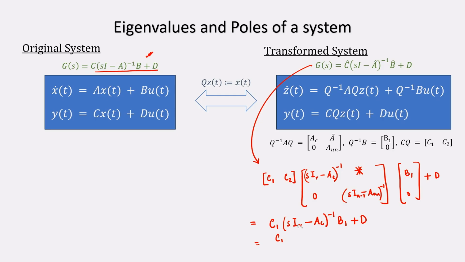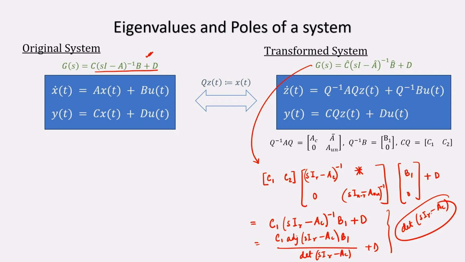Since it is (sI_R minus A_C) inverse, it will be some adjugate of (sI_R minus A_C) B1 divided by determinant of (sI_R minus A_C) plus D. So, you can see that even if I take an LCM, the denominator will come out to be determinant of (sI_R minus A_C), which means that the poles of this system will never have the uncontrollable eigenvalues.